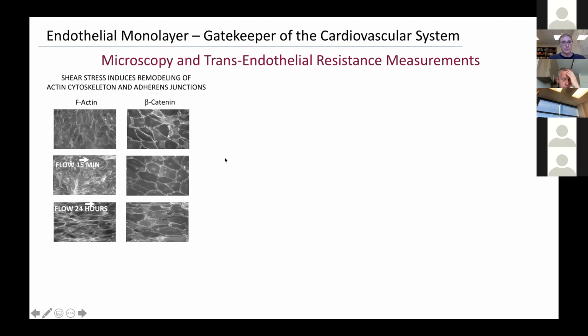A little bit more, which I alluded to in the last slide: the endothelial monolayer, which is the system that we studied at Los Alamos, is traditionally thought of as the gatekeeper of the cardiovascular system. It controls what goes from the inside of the blood to the arterial wall and the rest of the tissues. It is exquisitely sensitive to mechanical stresses.